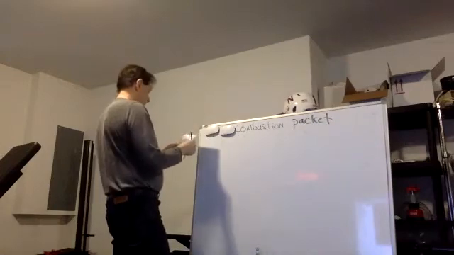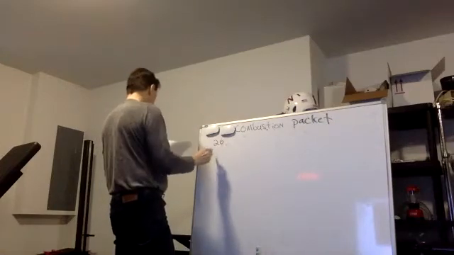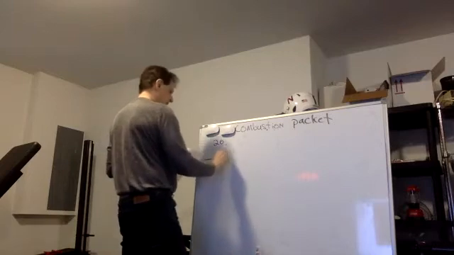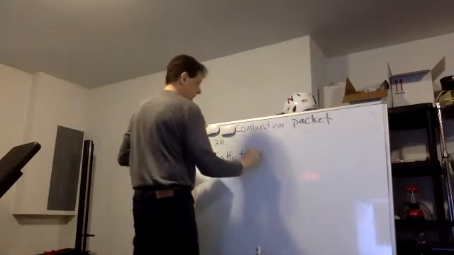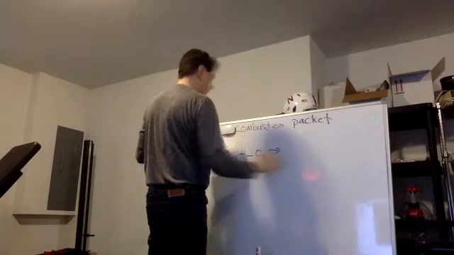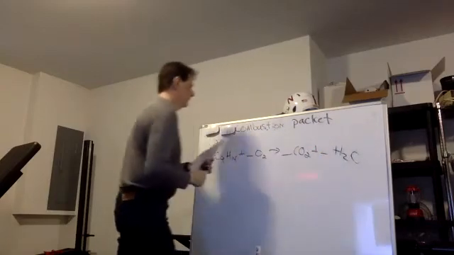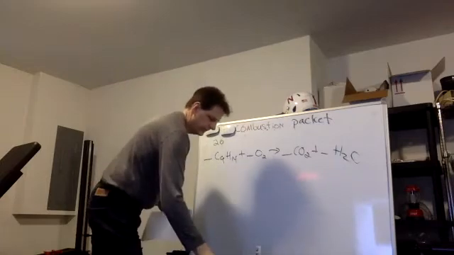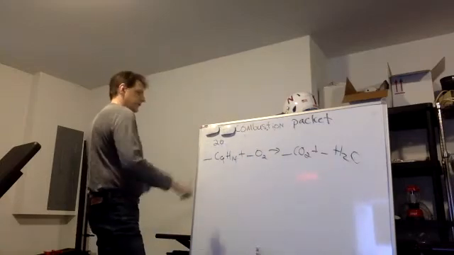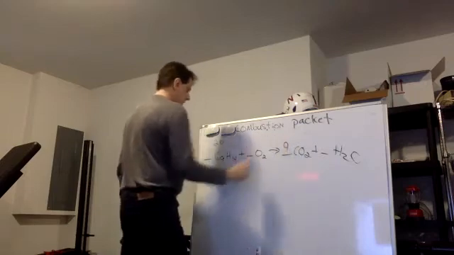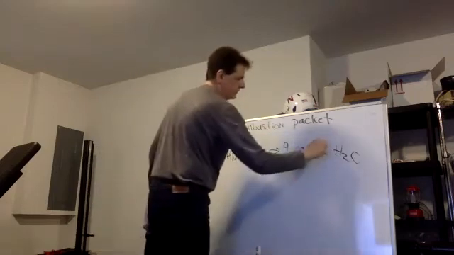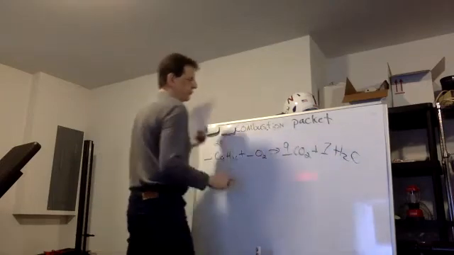Let's see, number 20, C9H14 plus O2 to CO2 and H2O. So we got 9 carbons, 14 hydrogens, which means we need 7, since 7 times 2 is 14.